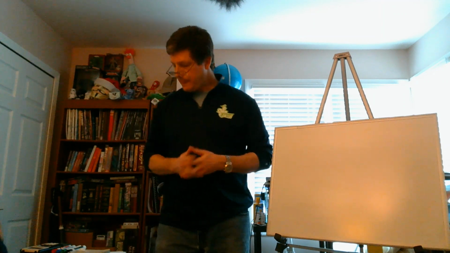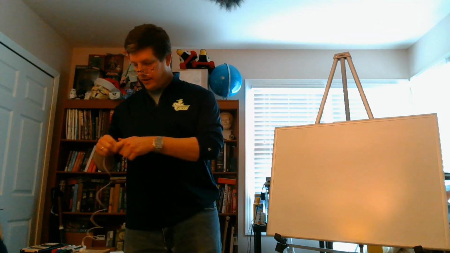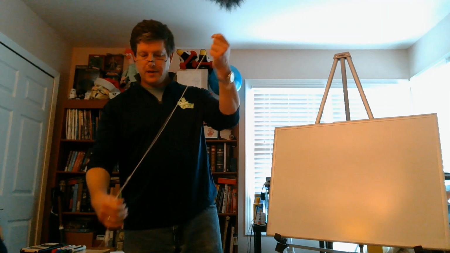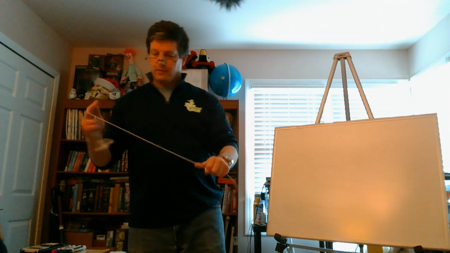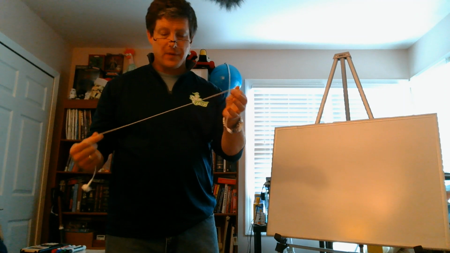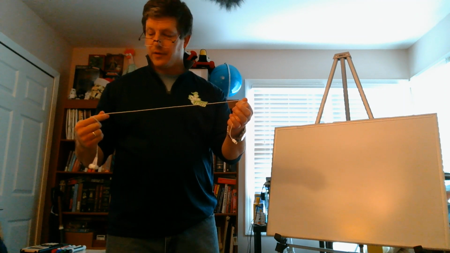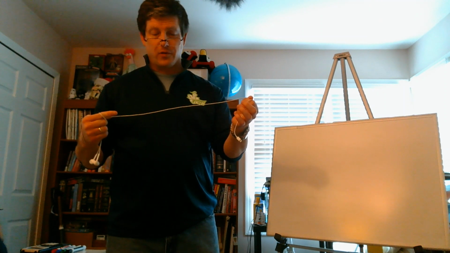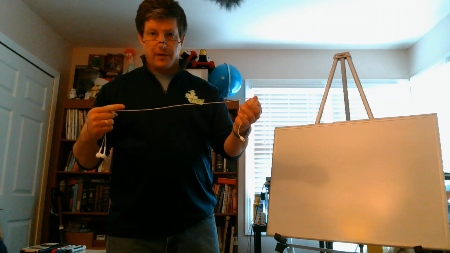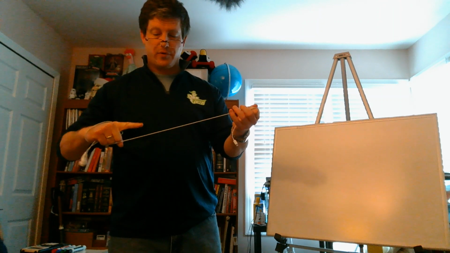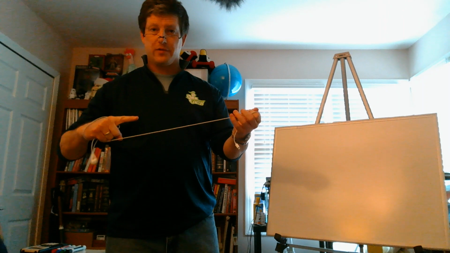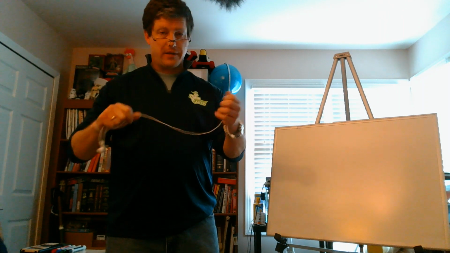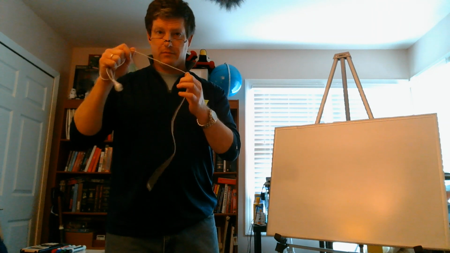Okay, so suppose you have a conventional current moving through a straight wire like this. Let's suppose we've got an electrical current going in this direction that I'm pointing with my finger, and we want to describe the magnetic field generated in the space around this wire.